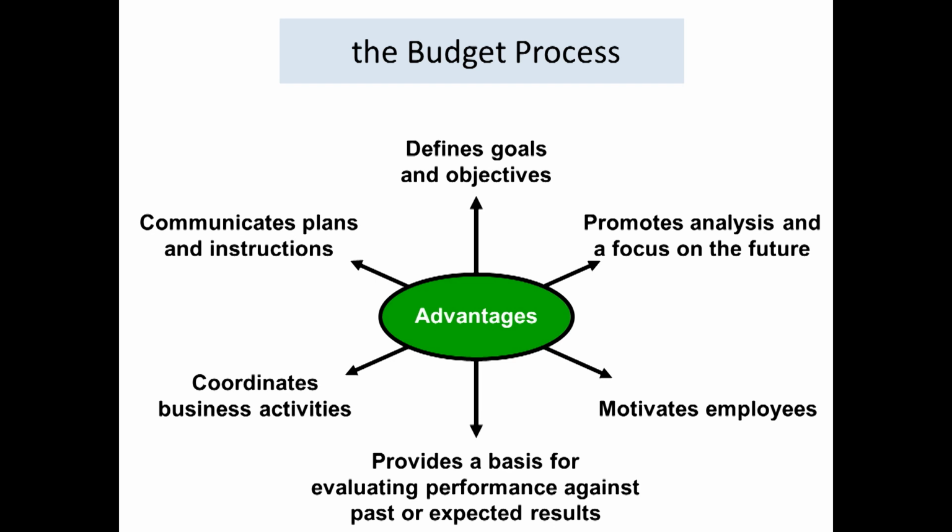And it provides a basis for evaluating performance, okay? Sometimes you ask, well, are we doing okay? Well, I don't know if you don't have any sort of measurement, right? If you don't have any sort of level against which you're supposed to evaluate yourself, right? Okay? And the other thing is it can be motivating, okay?